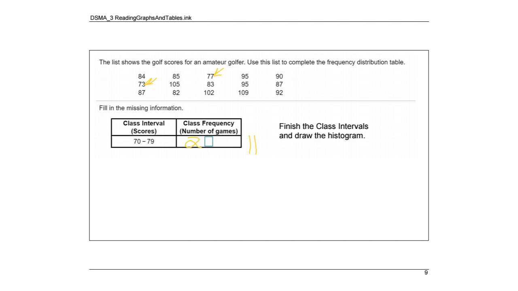Okay, let's try 80. Okay, so we have 84, that's one tick mark. We have 85, that's another tick mark. We have 83, that's a tick mark. 87, 87 again, and 82.